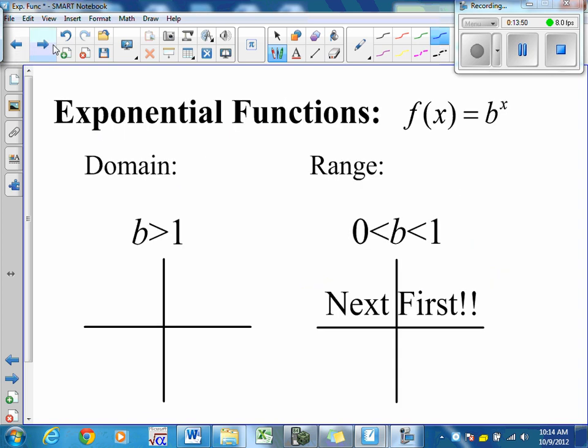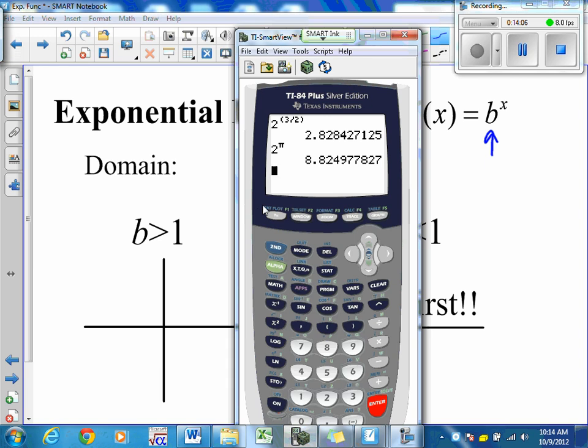Now let's talk about the graph of these functions. Now we've already looked at these a little bit with our parent functions. If our base, our b, is greater than 1, let's say like our 2 to the x, we could graph 2 to the x.